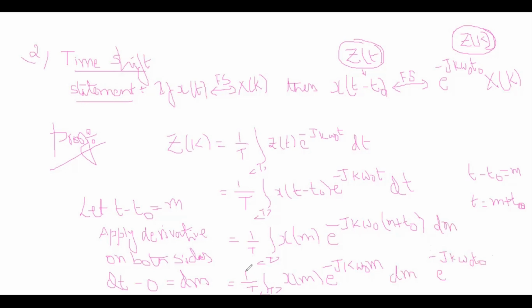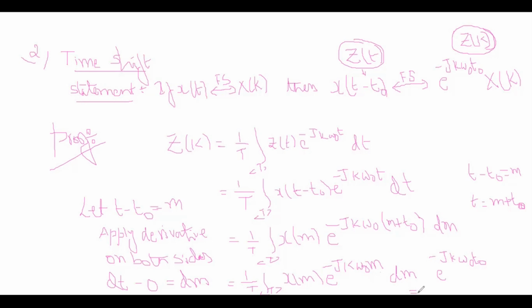Okay, you see this one, 1 by T, the integral over T, x of m, e power minus jk omega naught m dm. This is the same equation here. Instead of t, the variable is m, and this is x of k.